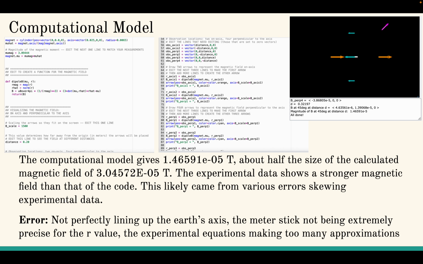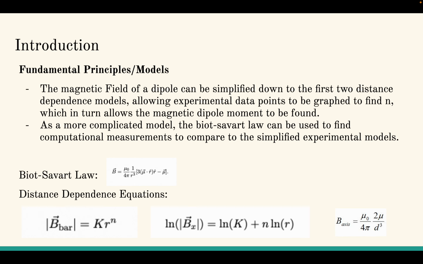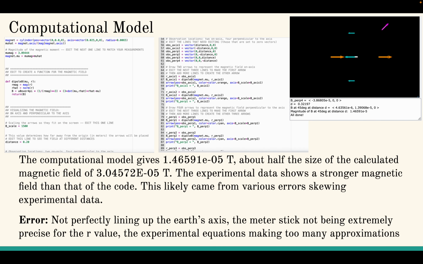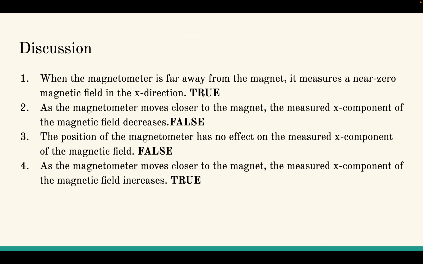So it's actually a superpositioned version of the magnetic field. We're looking at the net instead of just the bar magnet, which would make the magnetic field of the bar seem a little bit bigger than it's supposed to be. The meter stick is also not super precise to find the R value, so that can mess it up. And the experimental equations, as we see, make a lot of approximations, and they're not necessarily as accurate as the computational model.